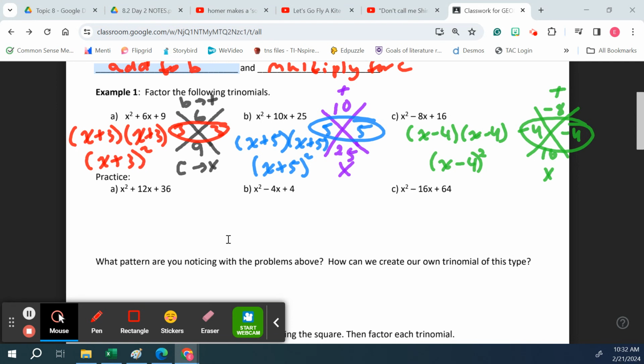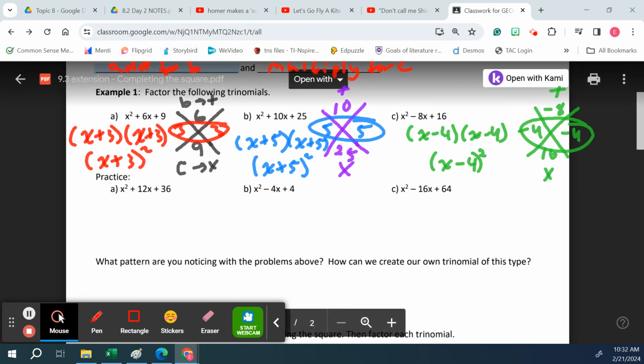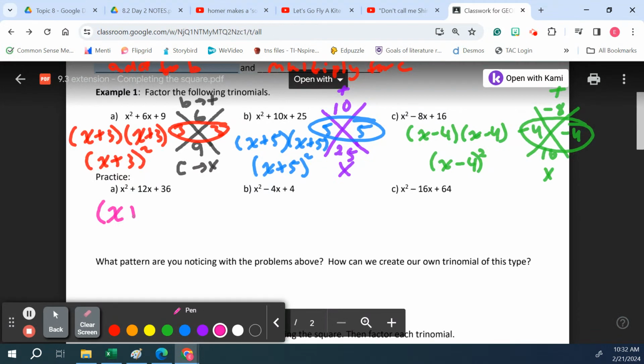Who's still working on these three? Show hands if you are. All right. Let's see. Gianna, what'd you get for A? Okay, so it's going to be x plus 6 quantity squared. All right.